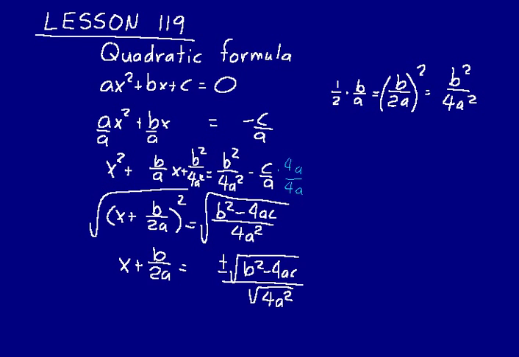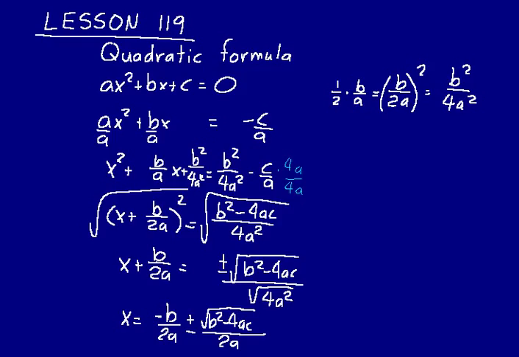And then lastly, we solve for x. x is equal to negative b over 2a plus or minus the square root of b squared minus 4ac, and then the square root of 4a squared would just simplify to 2a. So there's our quadratic formula.